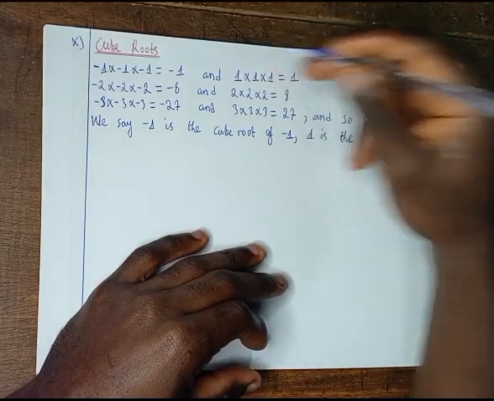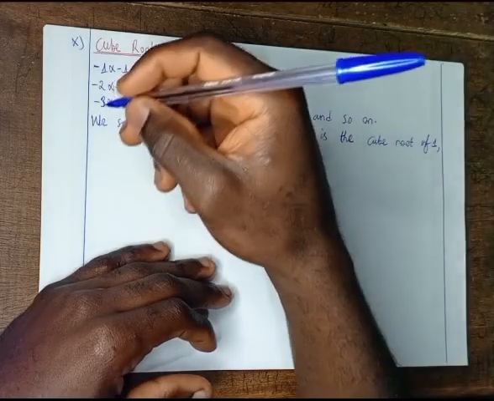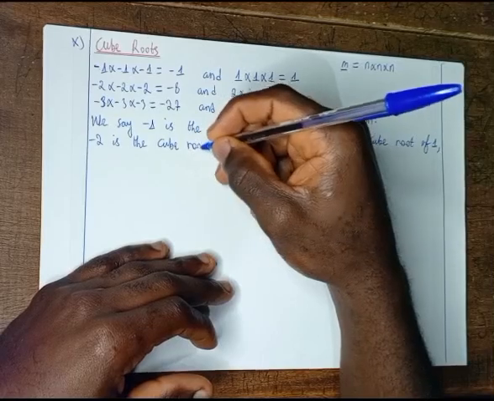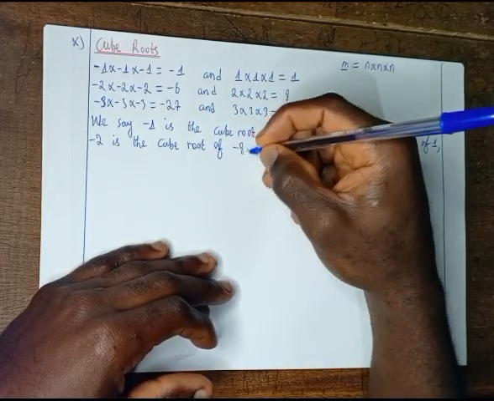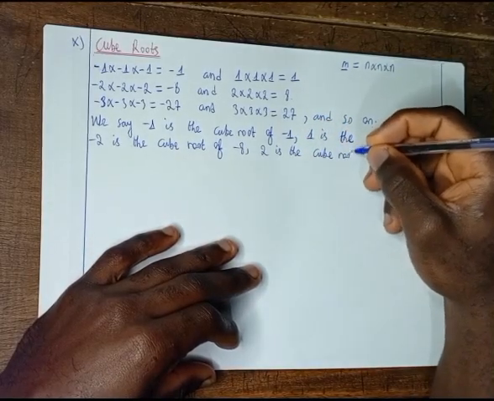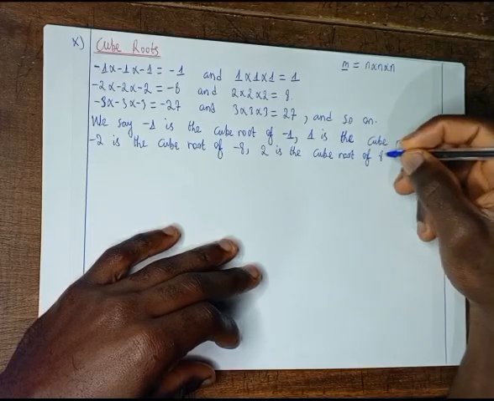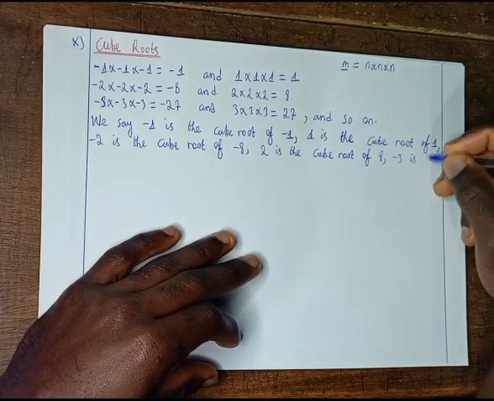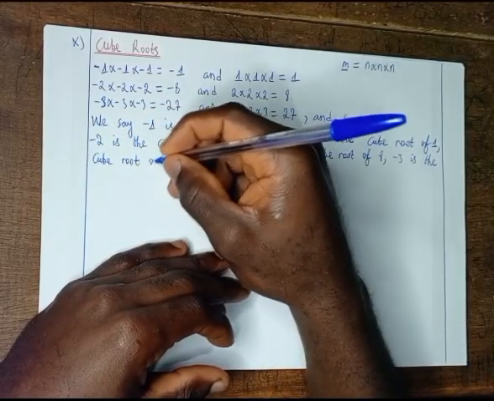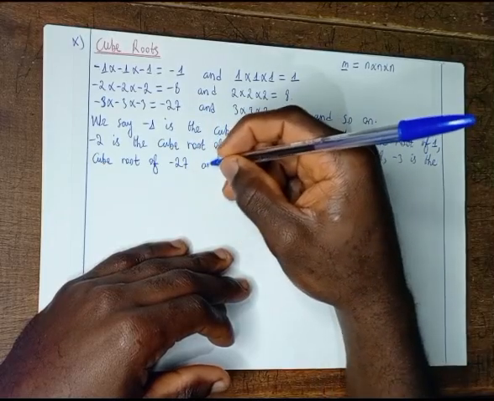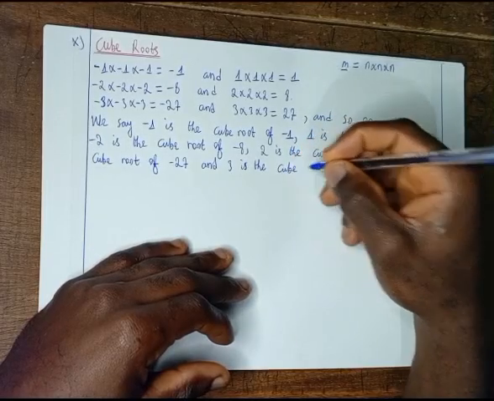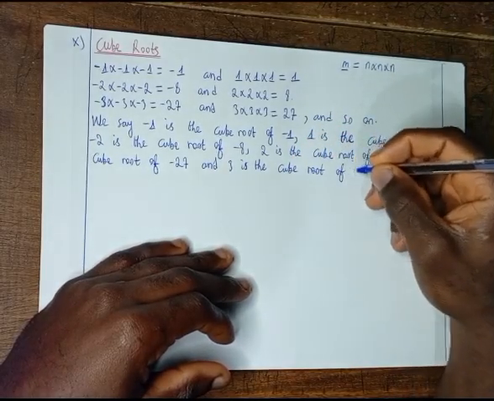You can see 1 times 1 times 1 gives us 1. -2 is the cube root of -8. 2 is the cube root of 8. -3 is the cube root of -27, and 3 is the cube root of 27.